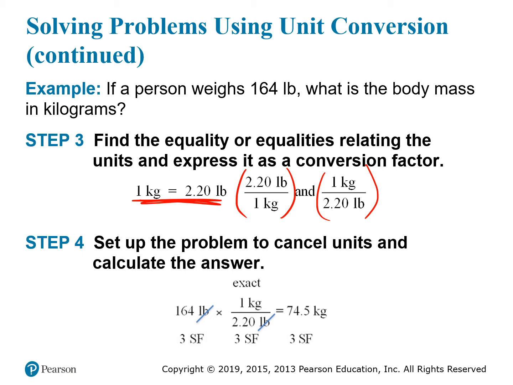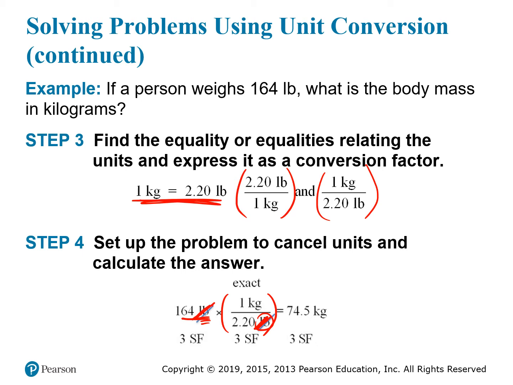Again, how do we know which conversion factor to use? We have to look at the units. You multiply pounds by a conversion factor that will cancel pounds and leave behind kilograms. So if the pounds unit is on the top in your original measurement, it needs to be in the denominator in your conversion factor. That way, when you multiply them together, the pounds will cancel out.